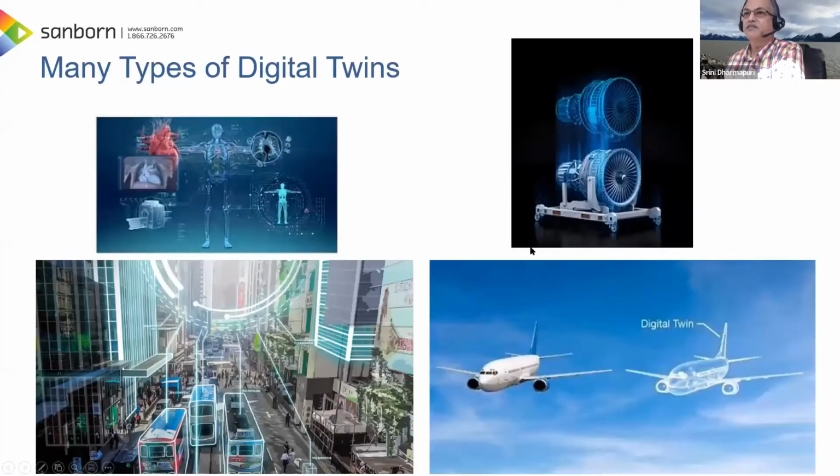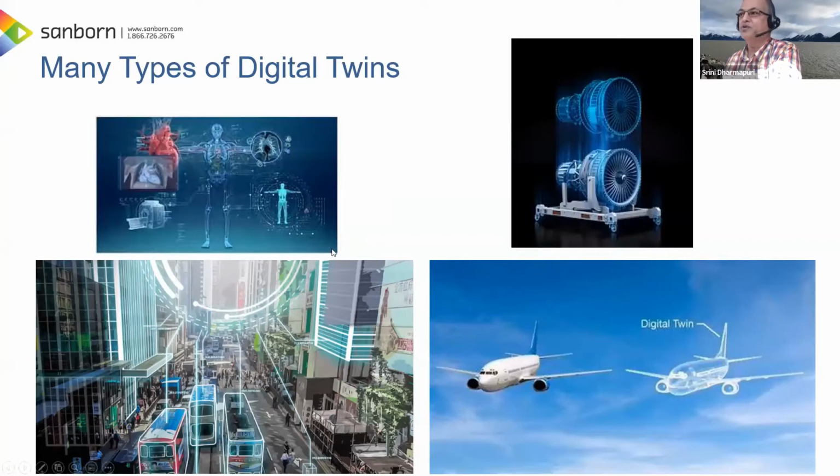So now this is an example. There are many types of digital twin. Take the rightmost picture, which is an aircraft. What you are seeing on the left-hand side is the actual aircraft, and what you are seeing on the right-hand side is the digital twin of the aircraft. This example may not be applicable to us because we are all in the geospatial industry, and for us, anything we want to do should be geographically connected.